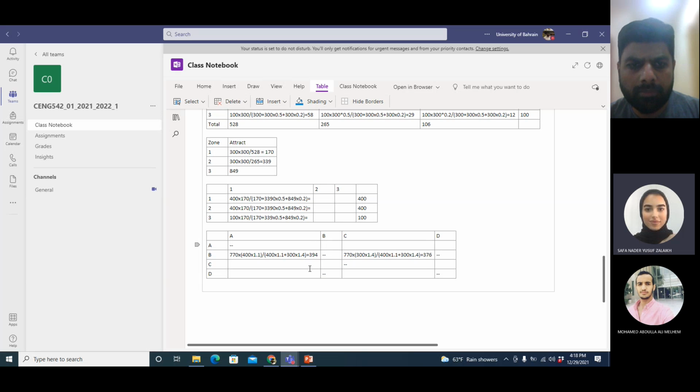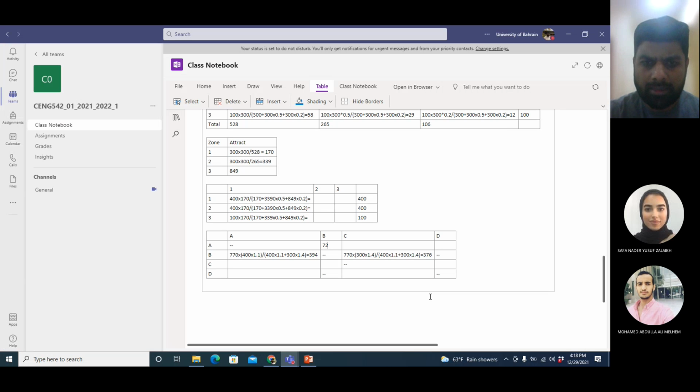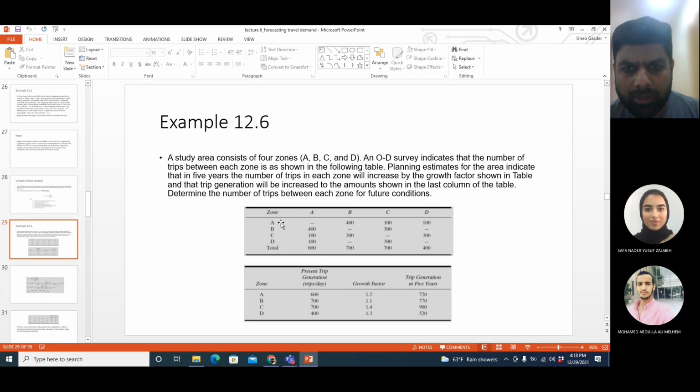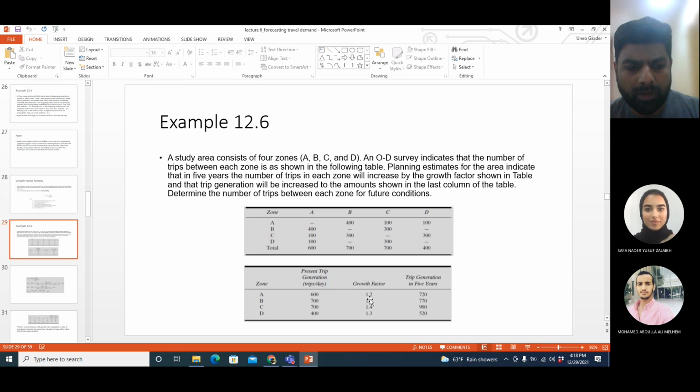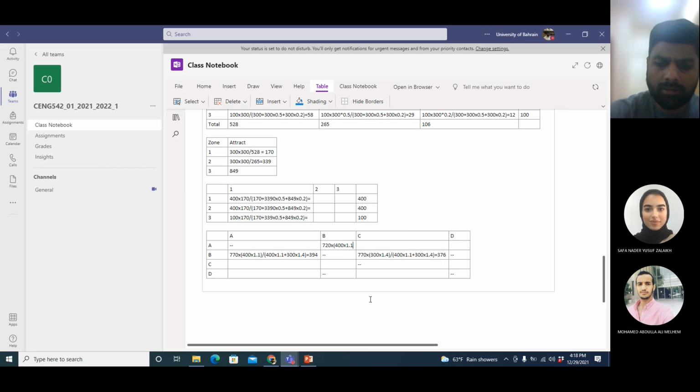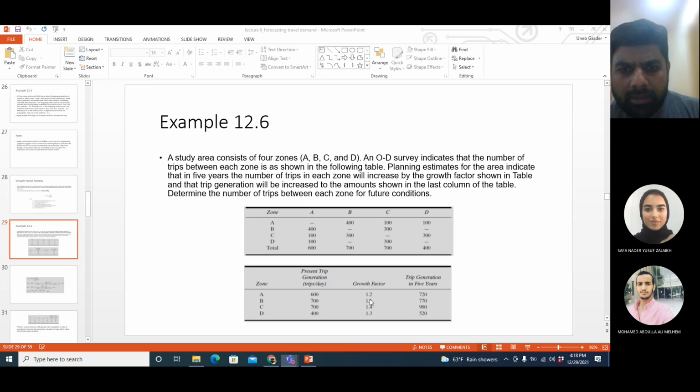Then from A to B, I need the future trips for A, which is 720. Multiply by the current trips from A to B, 400, multiplied by the growth rate of B, which is 1.1, divided by the summation for all these.